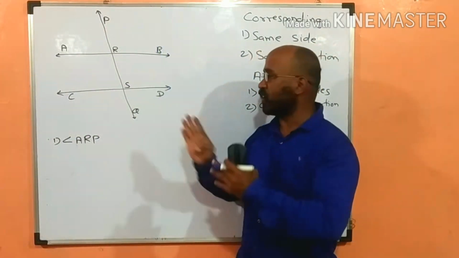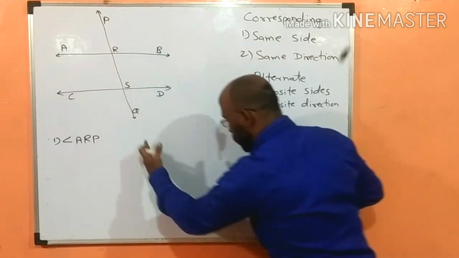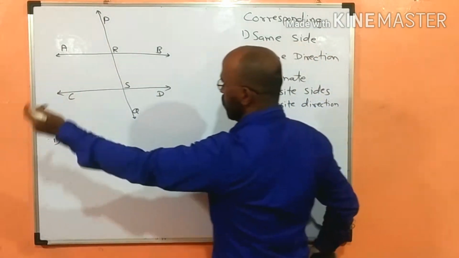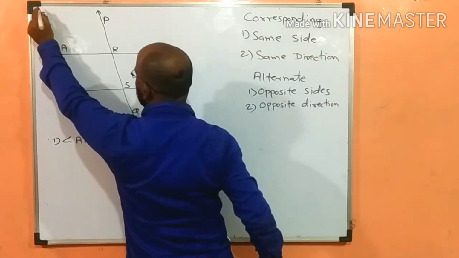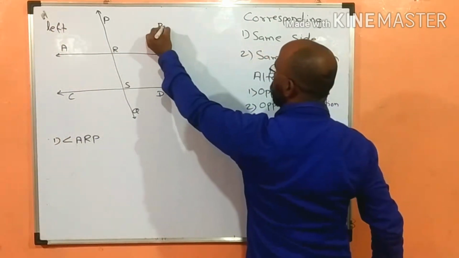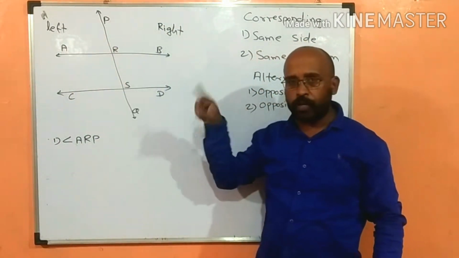It has partitioned this board into two parts. Because of this PQ partition, the board is divided into two parts. One is left, one is right. So the sides are left and right. This PQ is a line which is going in two directions.